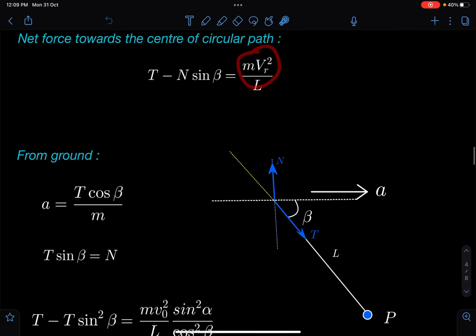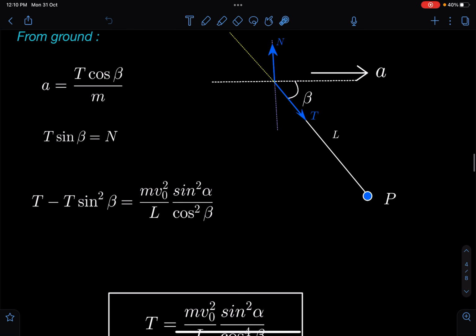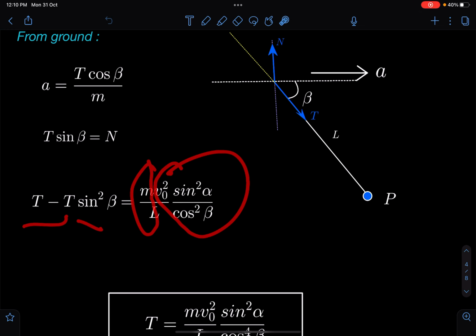And by the way, from the ground frame, the net acceleration must be in this direction because of the cos beta component of T, and the vertical forces are balanced with respect to the ground frame. So n is equal to T sine beta, and acceleration of this bead will become T cos beta by m. Now this value I am substituting here, eliminating m, and I am getting T minus T sine beta times, 1 minus sine square beta, equals m v relative square by L, which is cos square beta.